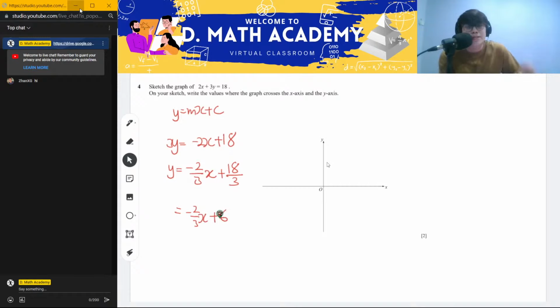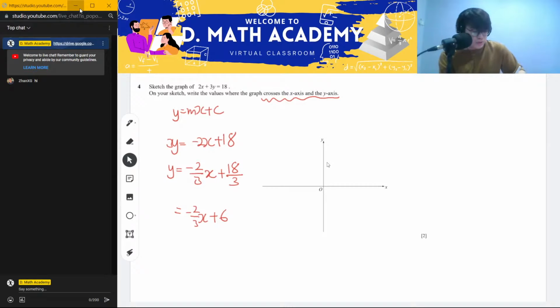So this 6 here is very important because it tells you your y-intercept basically. There's 2 things that they need from you. Firstly, you won't get any marks for getting this right, because they specifically requested the values where it crosses the x and y axis here.